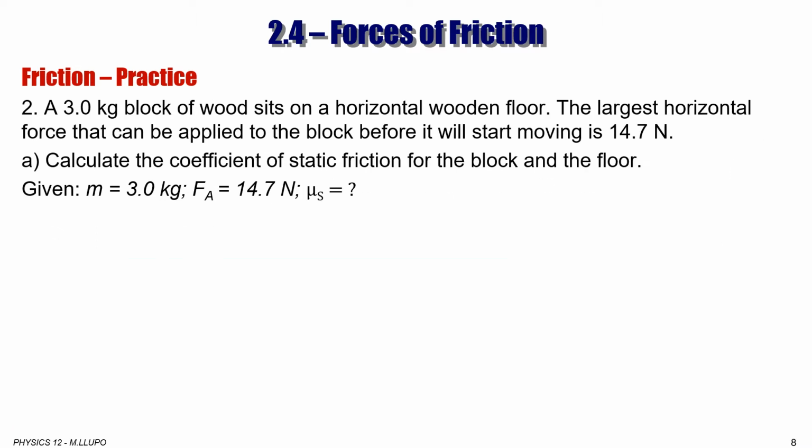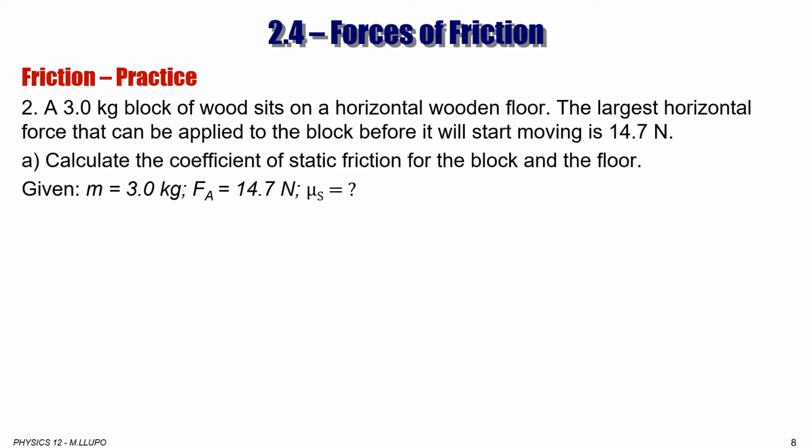Here is another example. A 3 kilogram block of wood sits on a horizontal wooden floor. The largest horizontal force that can be applied to the block before it will start moving is 14.7 Newton. So what does it mean?